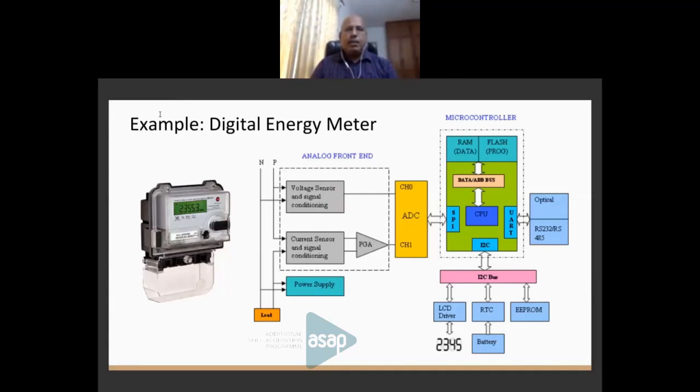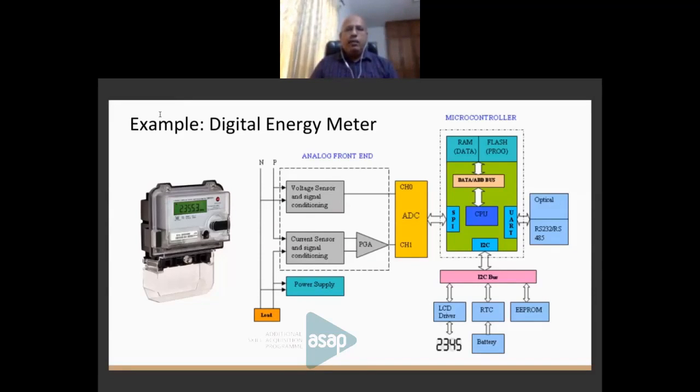For example, in this meter application, you need to sense the voltage and the current going through these lines, multiply voltage and current, and incorporate the power factor by looking at the phase between the voltage and current waveforms. Then you will be able to compute the units of energy that you consume in an energy meter. And for making all these devices work, you need a power converter which has to draw the energy from the main line itself.